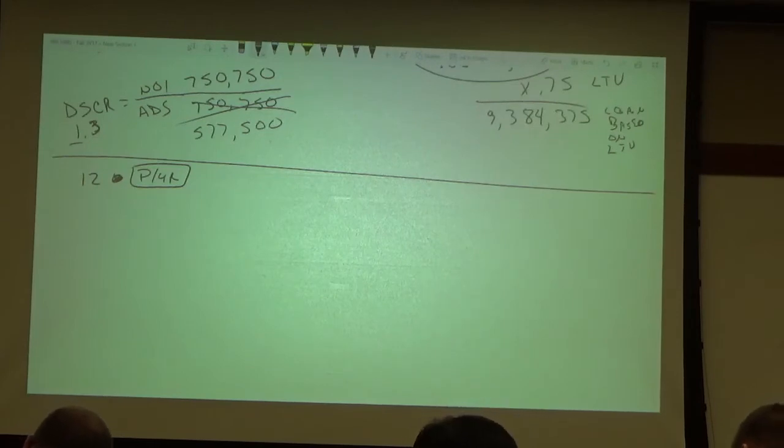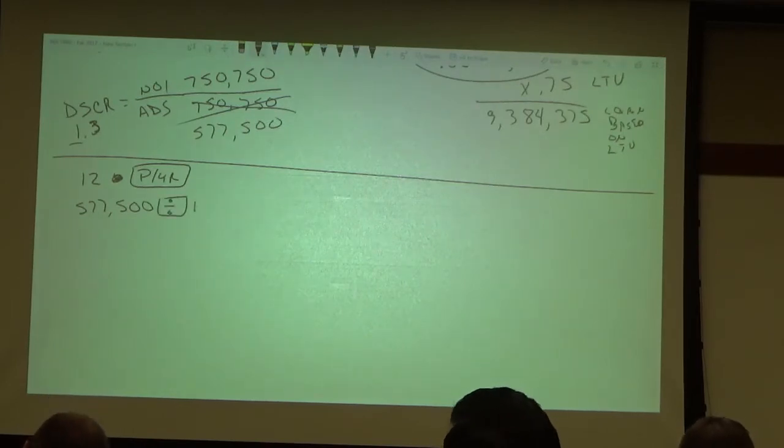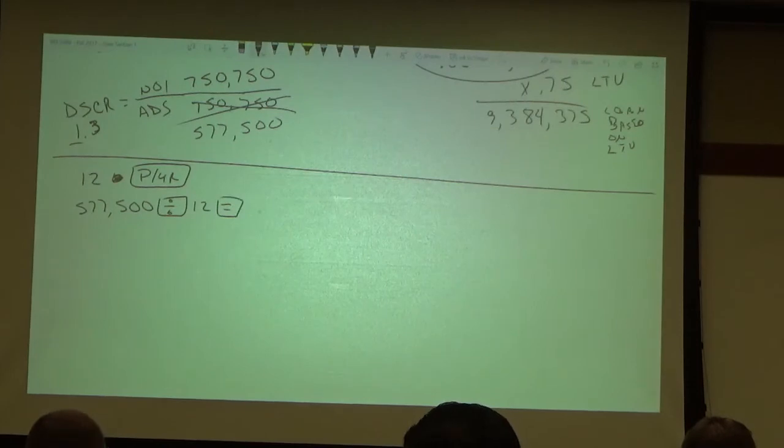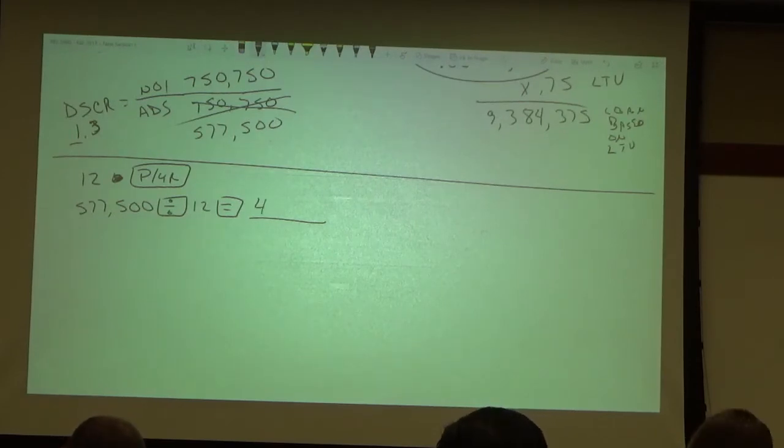And then what we're going to do is take that $577,500, divide by 12 to get our monthly debt service. So our monthly mortgage payment maximum would be $48,125. Does that make sense, everybody? Okay.